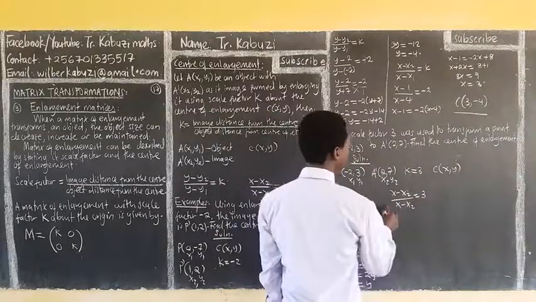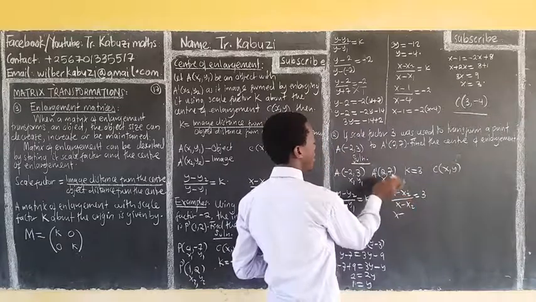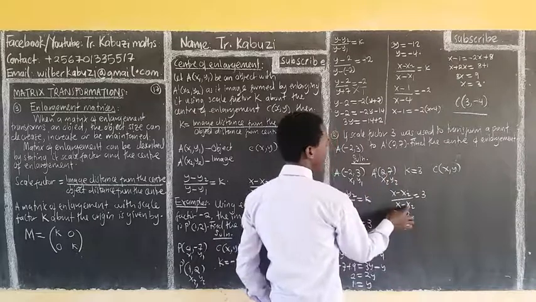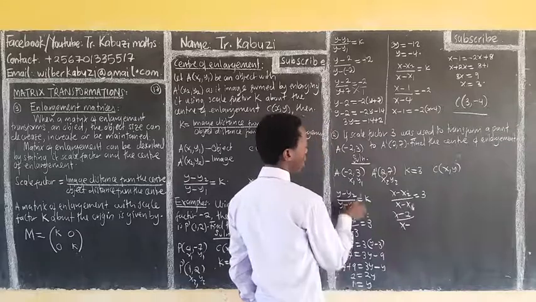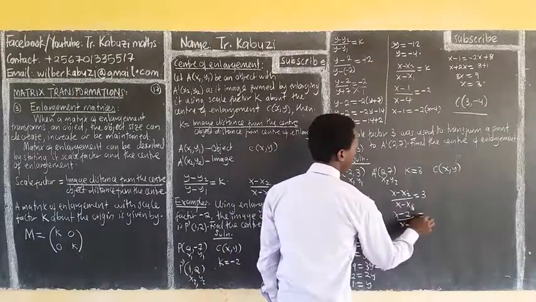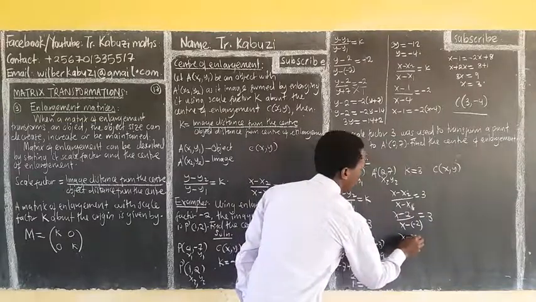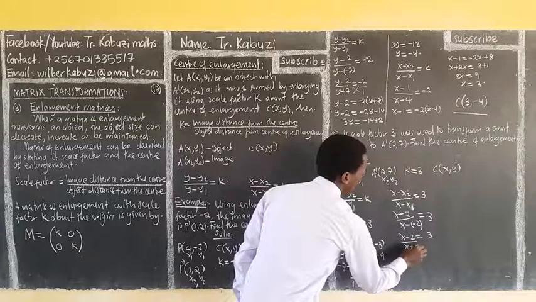So if I substitute, I have x minus x2, the x coordinate of the image, which is 2, over x minus x1, the object coordinate, minus 2 will be equal to 3. This will be now x minus 2 equal to 3 over x plus 2.